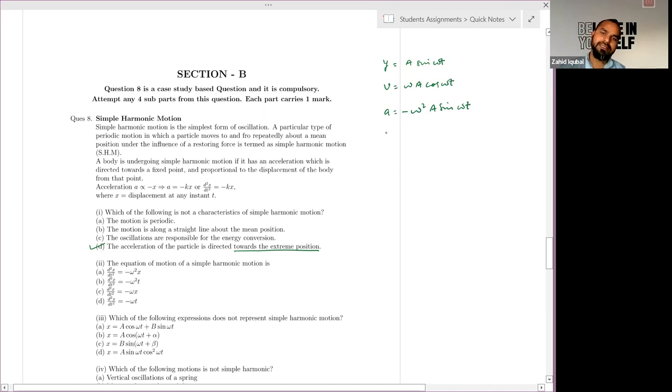So you may write this acceleration as the double differentiation of displacement with respect to time equals minus omega square times y, since this part is nothing but y. In this expression, we have just used x in place of y. So you may write the double differentiation of displacement with respect to time, and you may replace it by x. So option first will be correct.